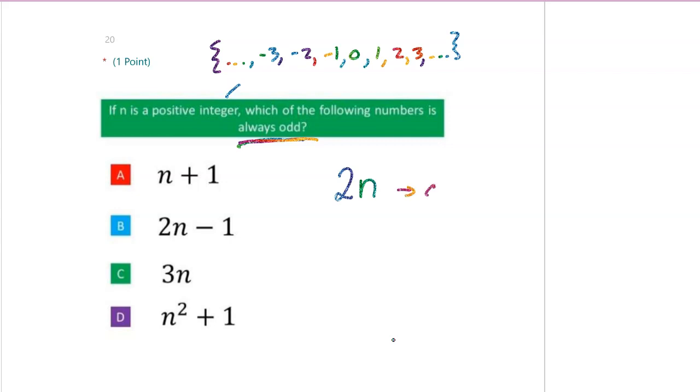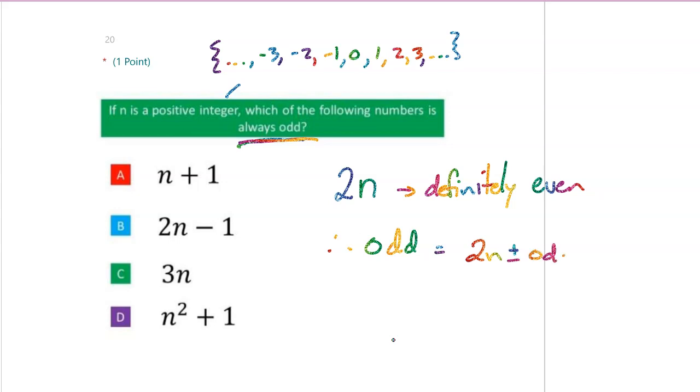That is definitely even. So to get an odd number, that would be anything which is 2n plus or minus an odd number. Now usually we like to keep this as simple as possible, so we'd either add or subtract just 1. You can see which one it'll be now: 2n minus 1.